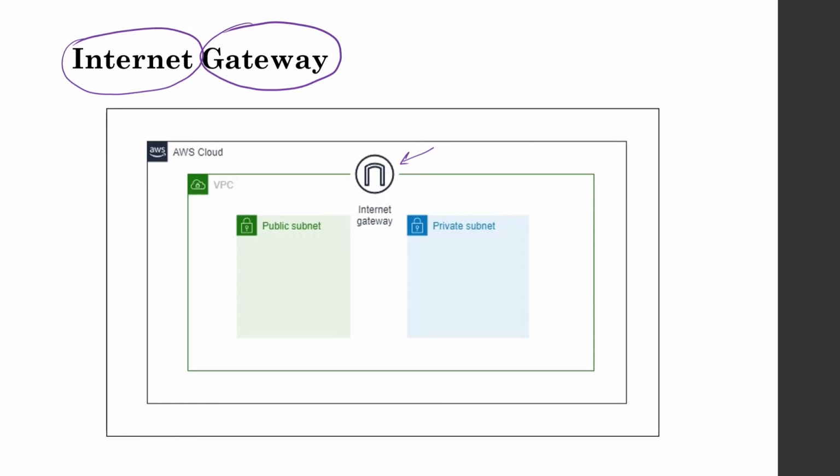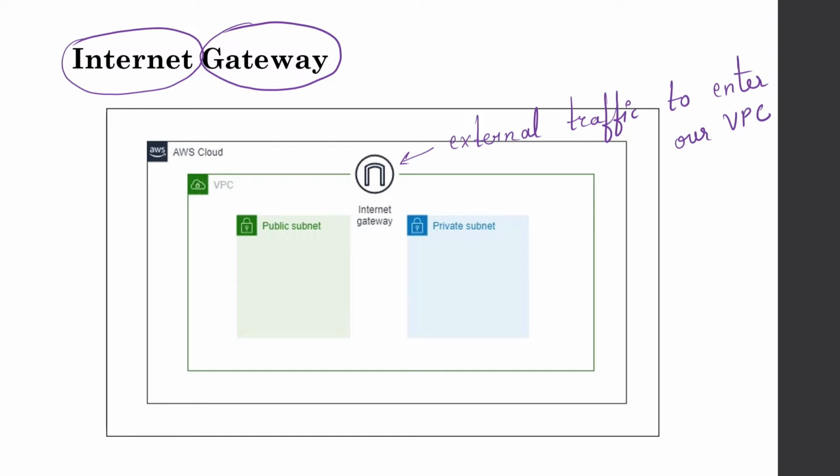And this internet gateway is directly attached to the VPC. Okay, so it allows the external traffic to enter our VPC. Okay, so this one is also very simple. It's attached to a VPC and it allows the network traffic to enter our VPC. Simple? Okay, I hope it's clear.